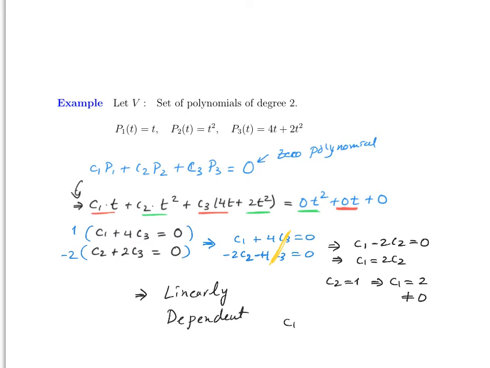Since c1 is not equal to 0, c2 is not equal to 0, and you can check too that c3 is not going to be 0. So therefore, this particular set of three vectors is not linearly independent.